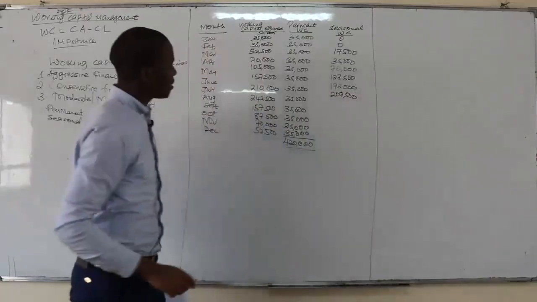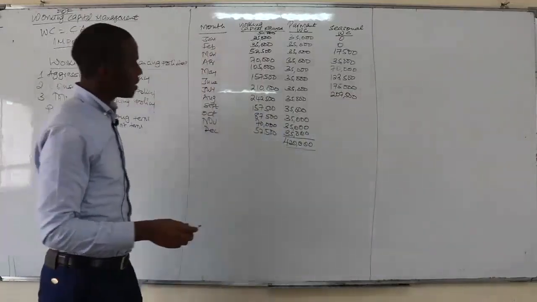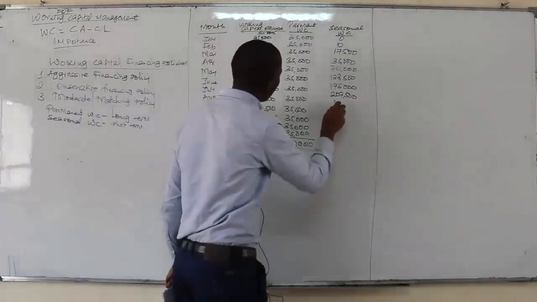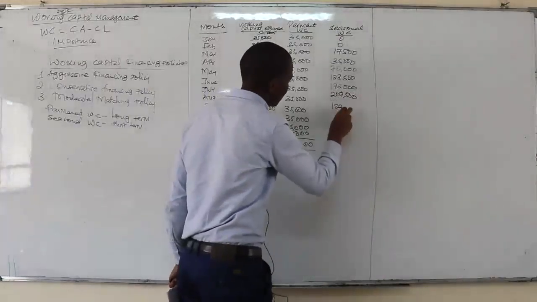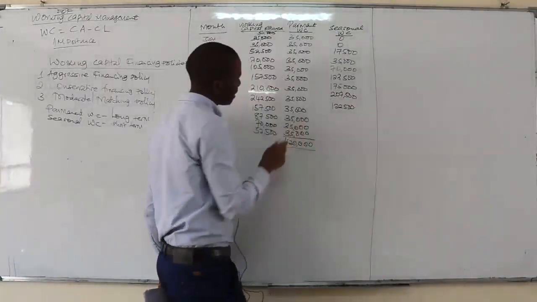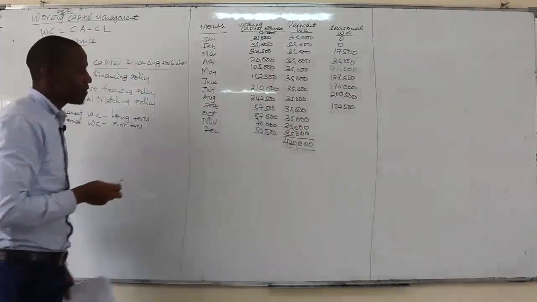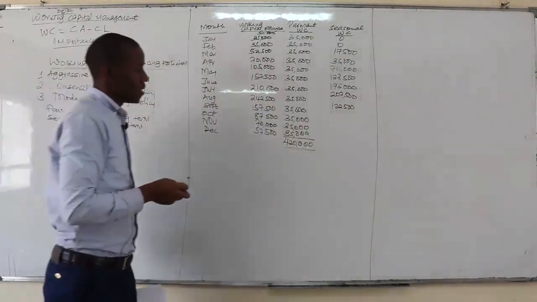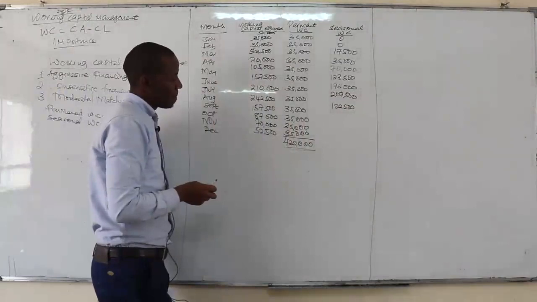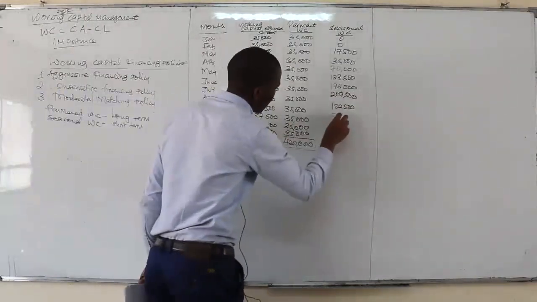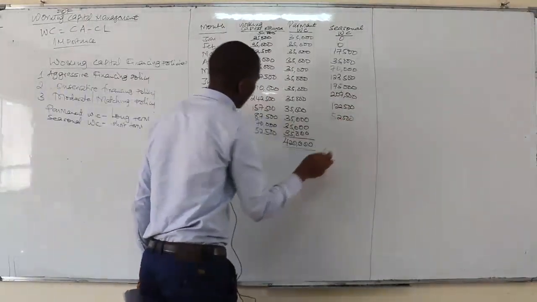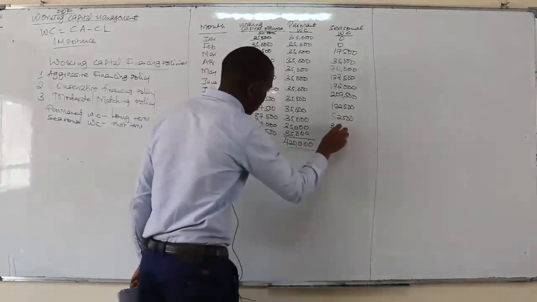Then the other one is 157,500 minus 35,000, which is 122,500. 87,500 minus 35,000 gives 52,500. And then the other one is 35,000.